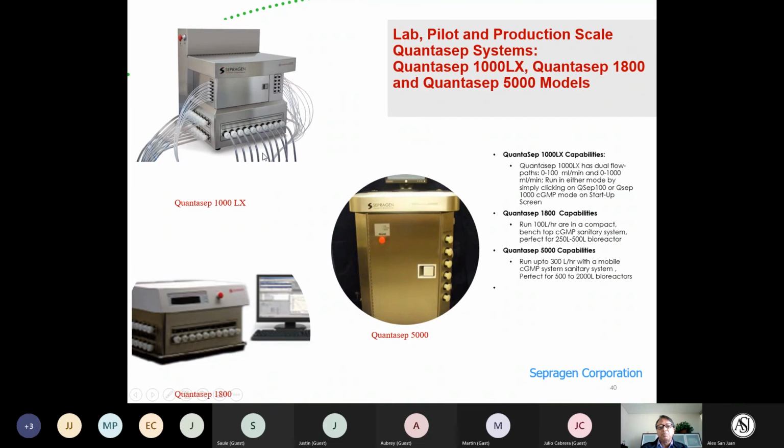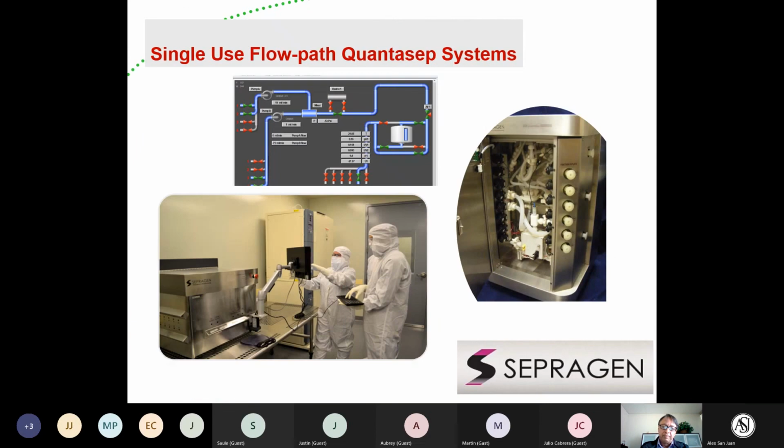This is one of our most popular models, which is the Quantisep 1000 LX. Only system of its kind in the world where you have two different flow paths, 0 to 100 mLs a minute and 0 to a liter a minute. Completely stainless steel. You can run in a development mode, a pilot mode on one machine. Single-use systems. We have bench scale single-use systems.